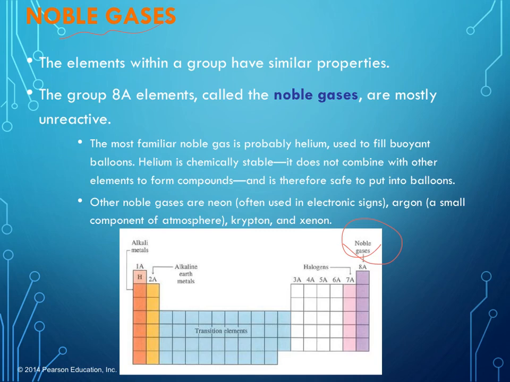They're on the far right, group 8A. The noble gases are what we call, for the most part, inert, which means non-reactive. And that's why they're called noble. That is it for the brief lecture on the arrangement of the periodic table.